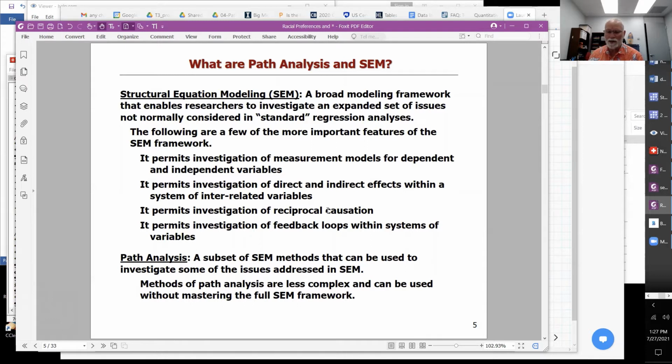And in the worst case analysis, if we haven't thought about those things, we may get unexpected consequences when we intervene and try to implement policy based on findings from a single equation analysis.